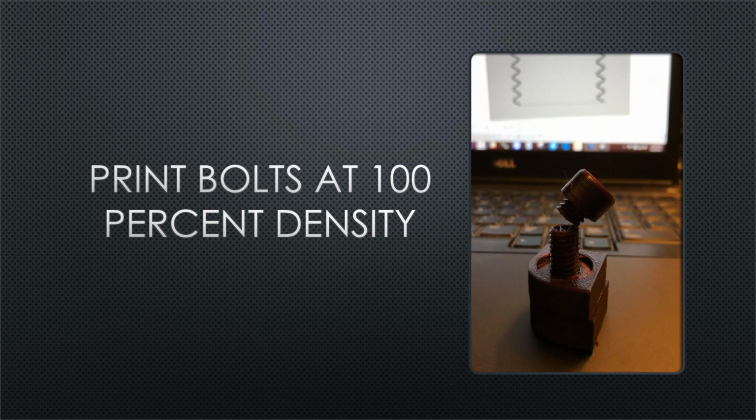This has happened a lot of times when I print threads and I forget to print at 100% density, it would snap my bolt, and then it would get stuck in the component, and you have to get pliers or something to get it out. So print your bolts at 100% density. The ones that I have printed at 100% density are really strong, and I still haven't twisted them until they broke. So that's pretty good.